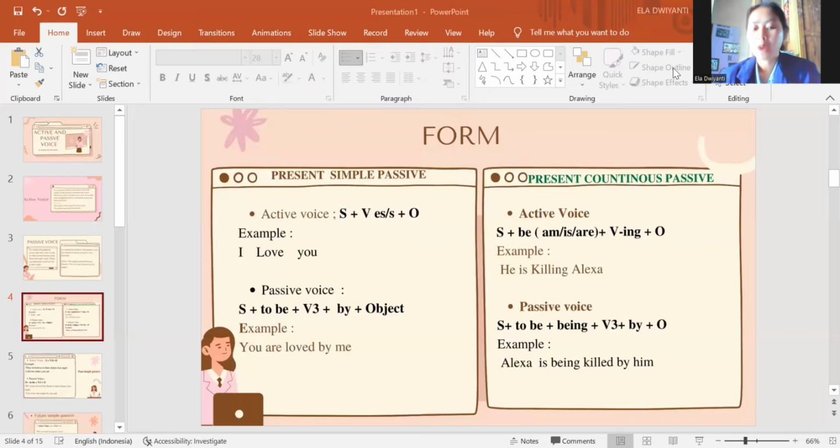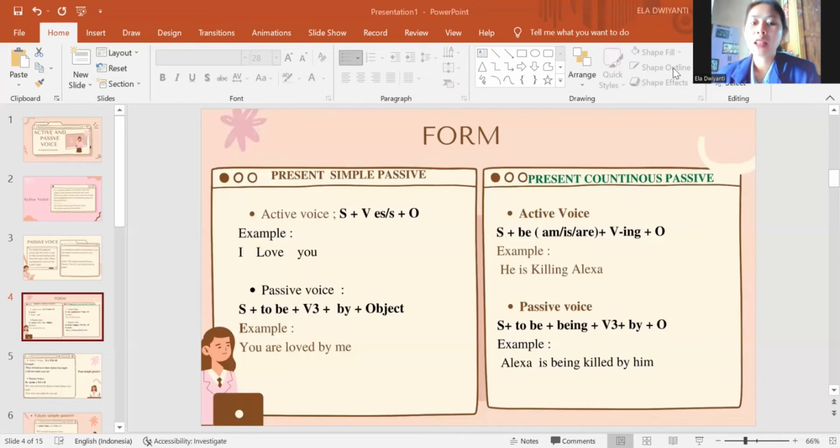In the active voice, I is the subject, but in the passive voice we switch it and it becomes the object, me. And you in the active voice is an object, but in the passive voice it becomes the subject, you. We need to use are: you are.